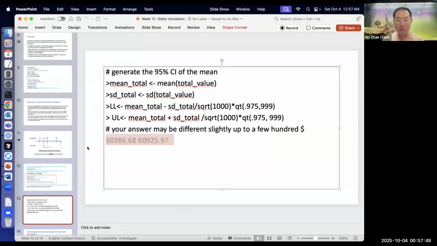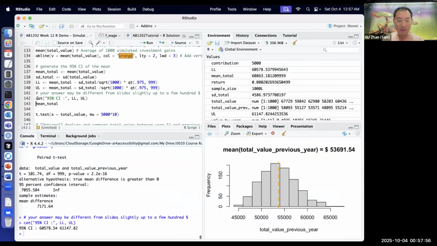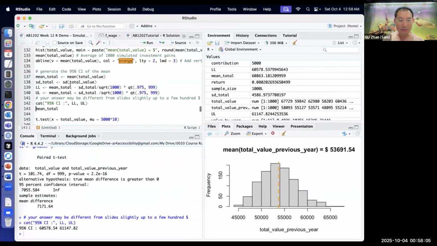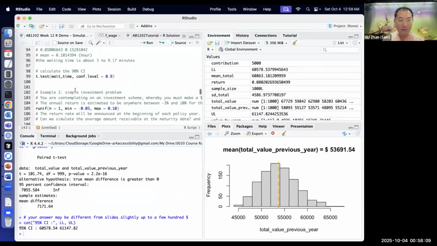So this may be slightly different from what I've obtained earlier. So my 95% confidence interval is this, 60578. So it's slightly different from this total value. Okay, let me run it again.